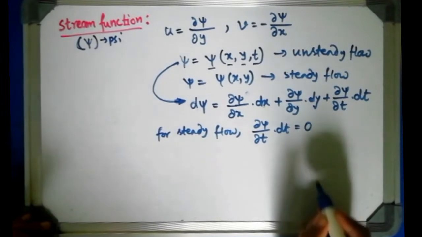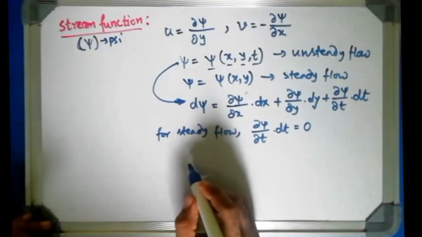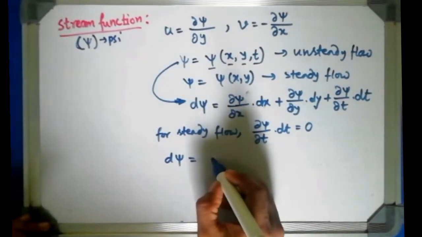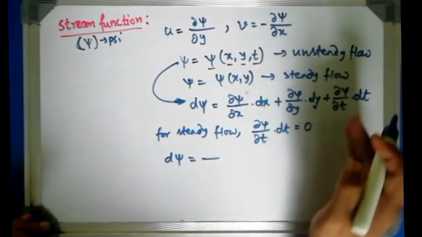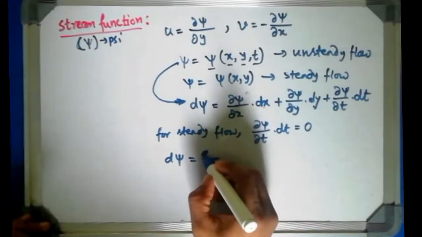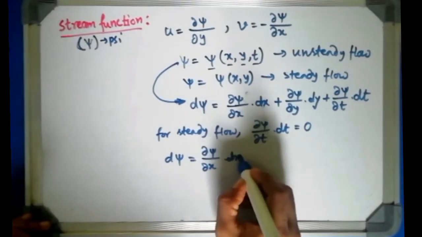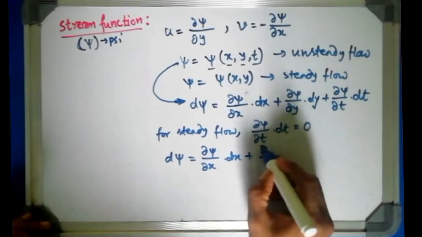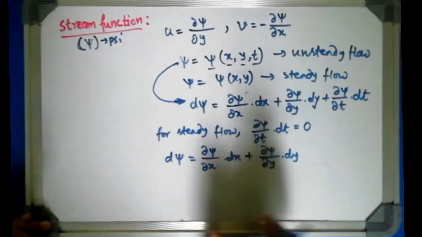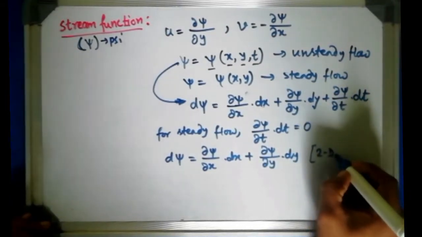So for a steady and 2D flow, d psi is nothing but, while the time parameter is excluded, only space coordinates will be there. So the equation will be changed like this for a two-dimensional steady flow.